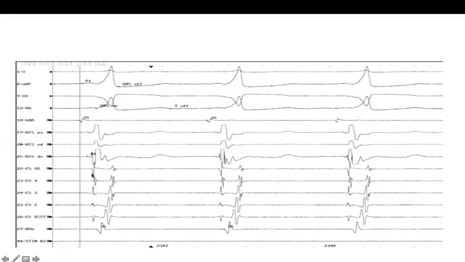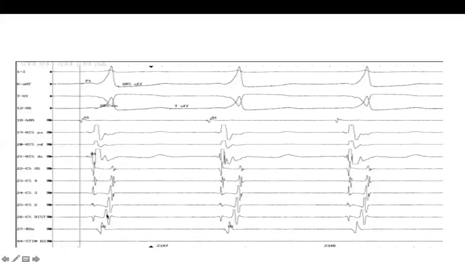Right. Now let us concentrate on the CS electrograms. This is the CS ostium, and this is the CS distal, and this is the ventricular activity. This is the atrial activity. Where is the earliest ventricular activity? Distal.